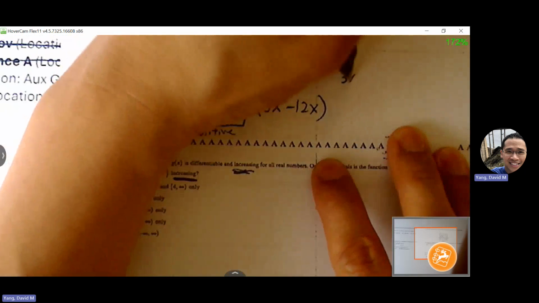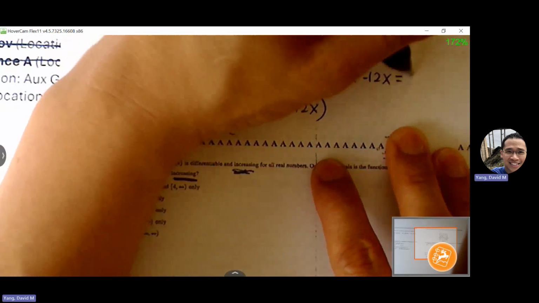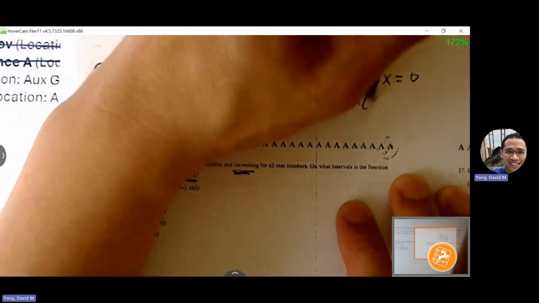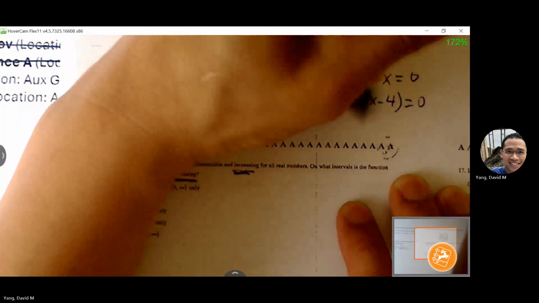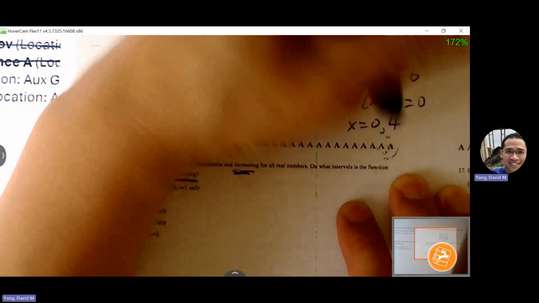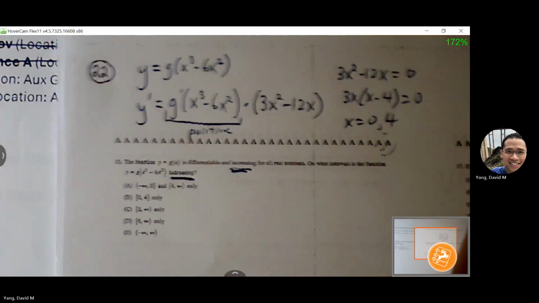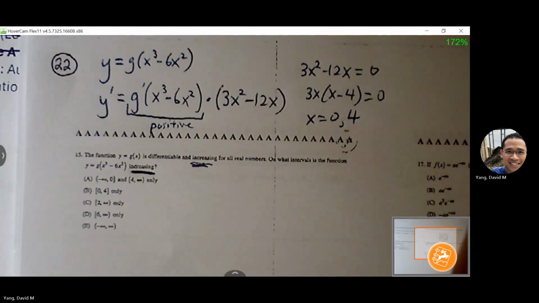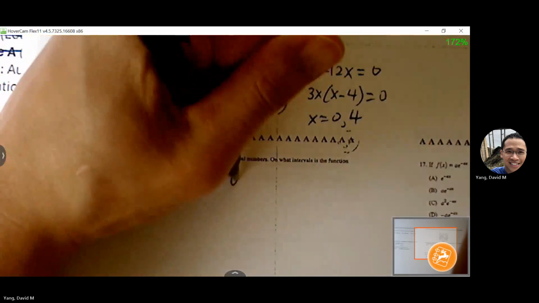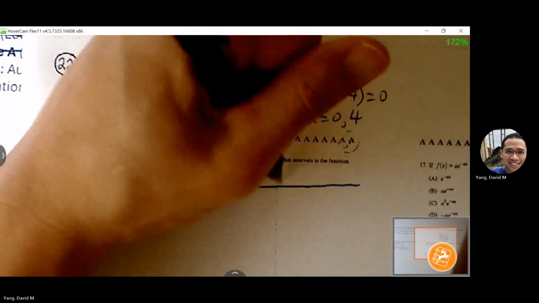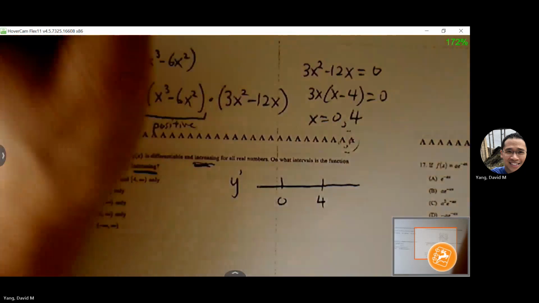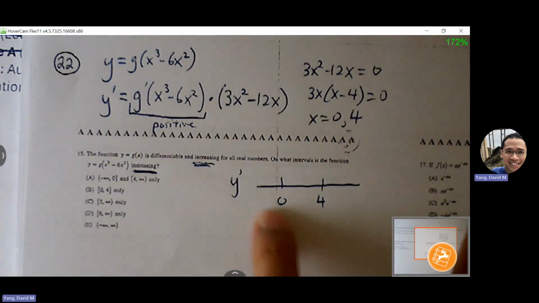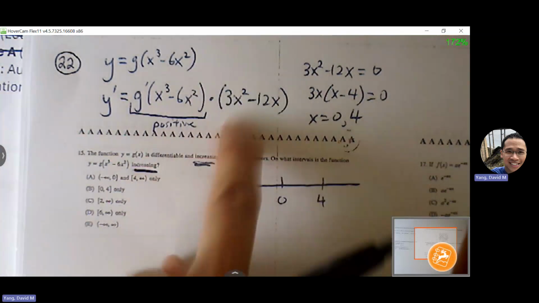So we set 3x squared minus 12x equal to 0, factor out the 3x, and we get 0 and 4. Okay, for each subinterval, we can test with this derivative.